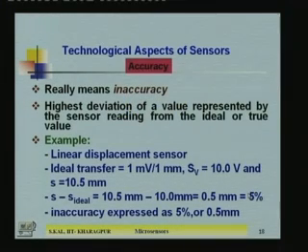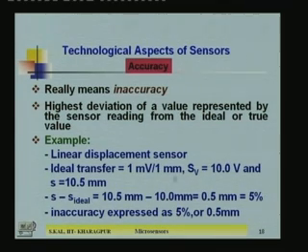Now, the other one is accuracy: how accurately a sensor can measure the input. Basically, it is inaccuracy. Although we call it the accuracy of a sensor, it is basically the highest deviation of a value represented by the sensor from the ideal or true value.